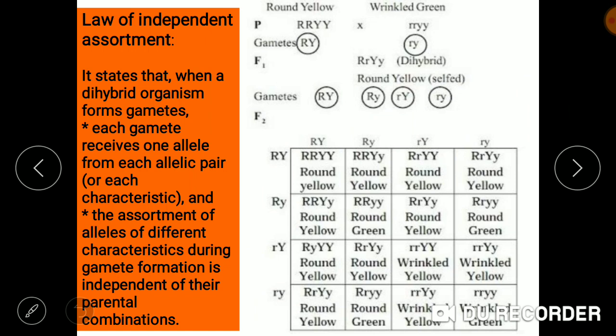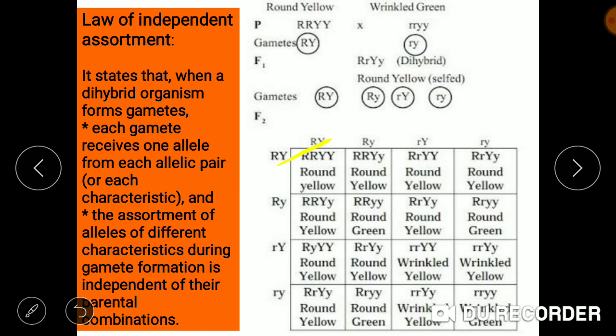Now we perform the crossing, and out of these 2 gametes we will get capital R, capital Y, capital Y. Just remember that always keep the alleles of one character together and the other character separately. Suppose you have performed the crossing between 2 of the gametes.